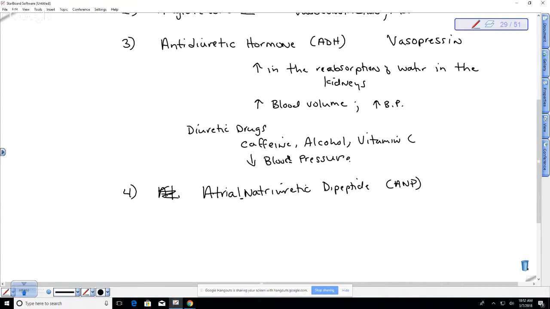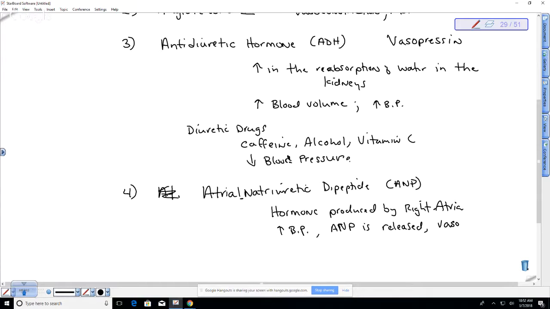This is a hormone produced by the right atria, and it is actually produced in response to high blood pressure. So if there's high blood pressure, ANP is released, and this causes vasodilation.